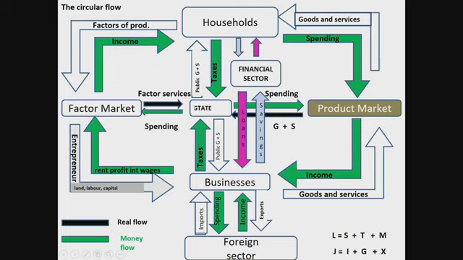And then in return, the state will provide both the businesses and the households with public goods and services. And that in turn is an injection, which is represented by the letter J, which is equal to I plus G plus X. And here the G is for government spending, right? And then you also have your foreign sector.